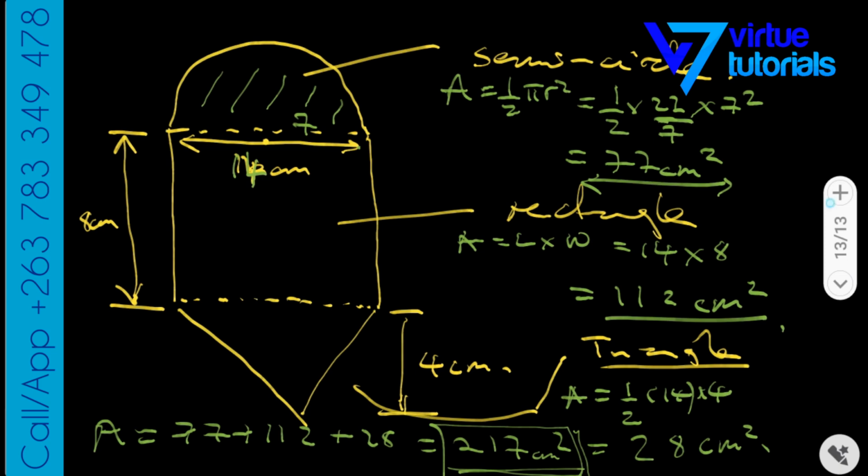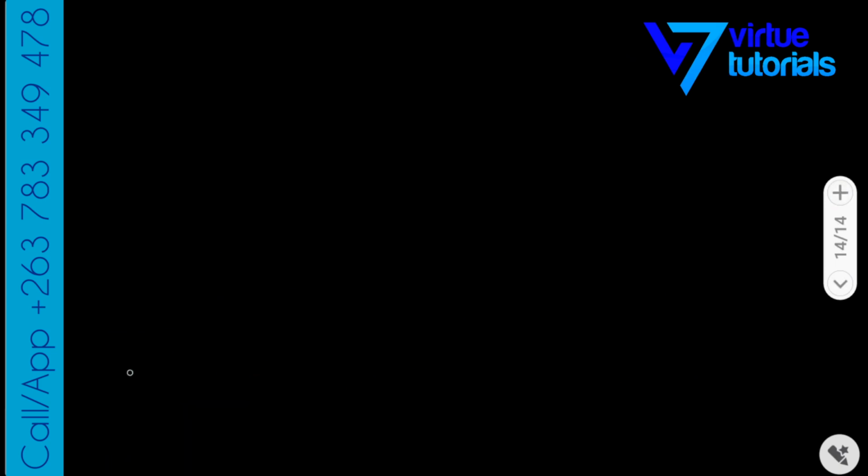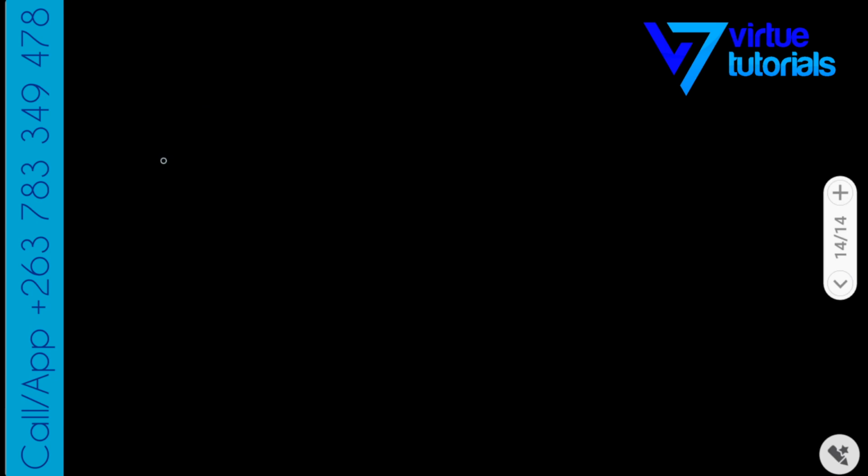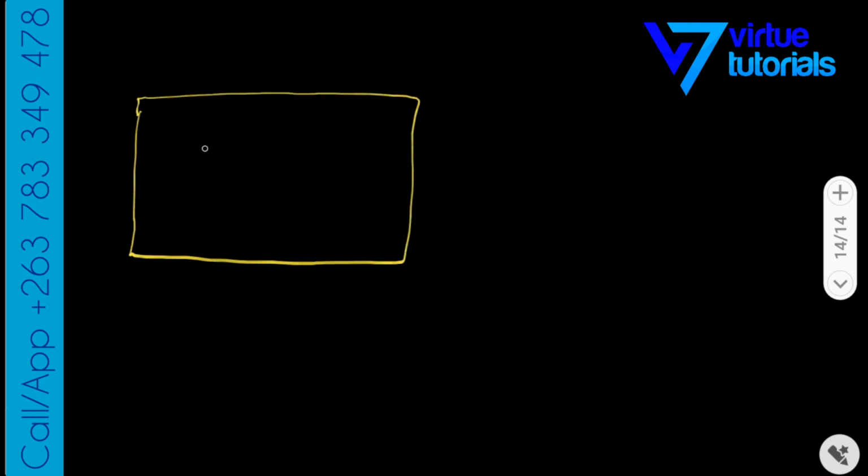But now you can have a different kind of shape with part of the shape missing. So let's have, for example, a shape like this. You have a big rectangle and a small rectangle.